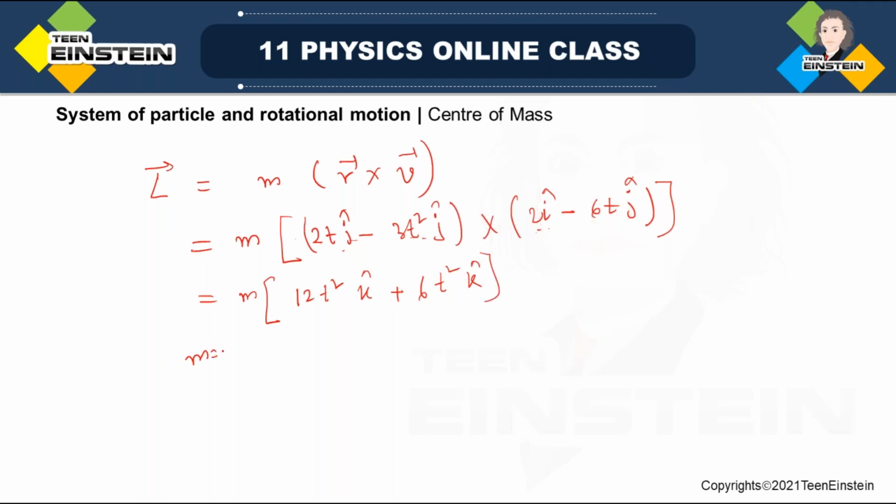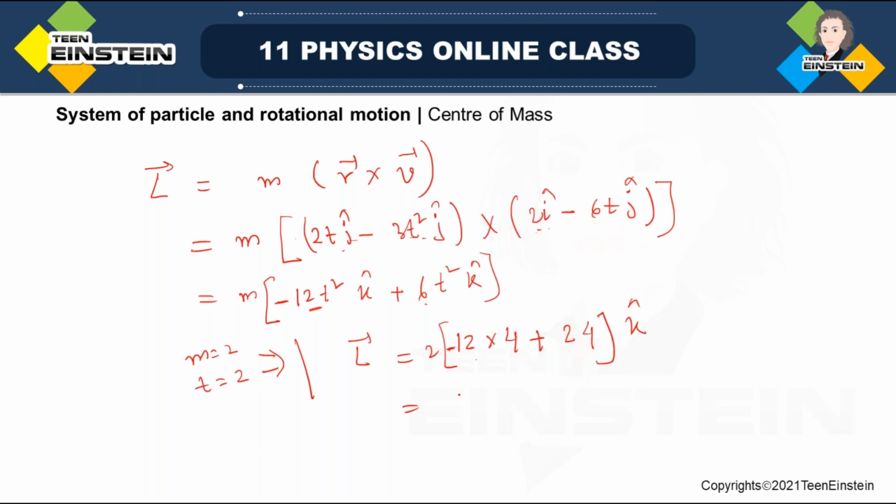So now m is 2 and t is 2. If we put that, then L will be 12 into 4, with a minus sign here, and here it is plus 6 into 4, so this is 24, this is k cap.